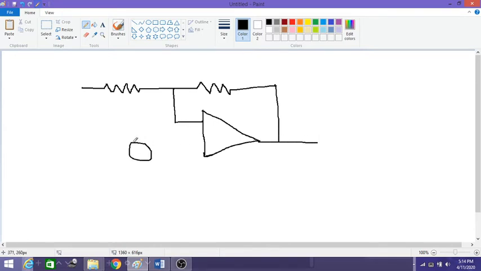A voltage source is connected here, so this voltage source is Vs equal to 1 millivolt.